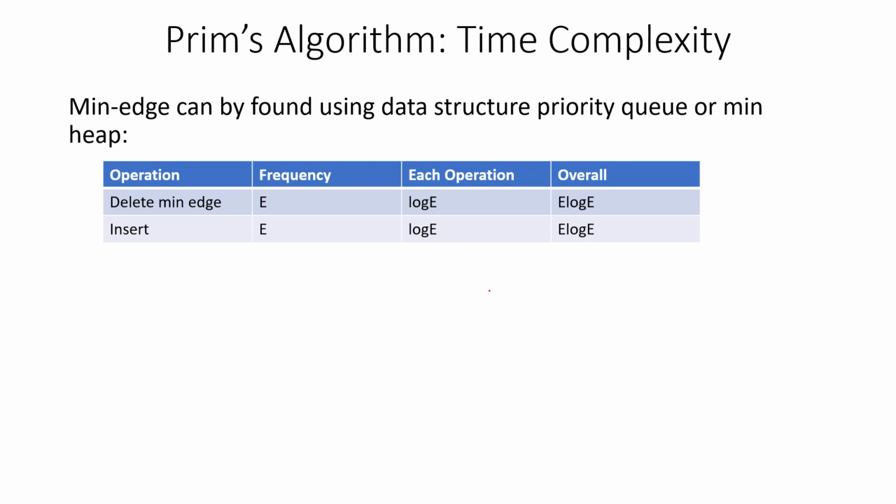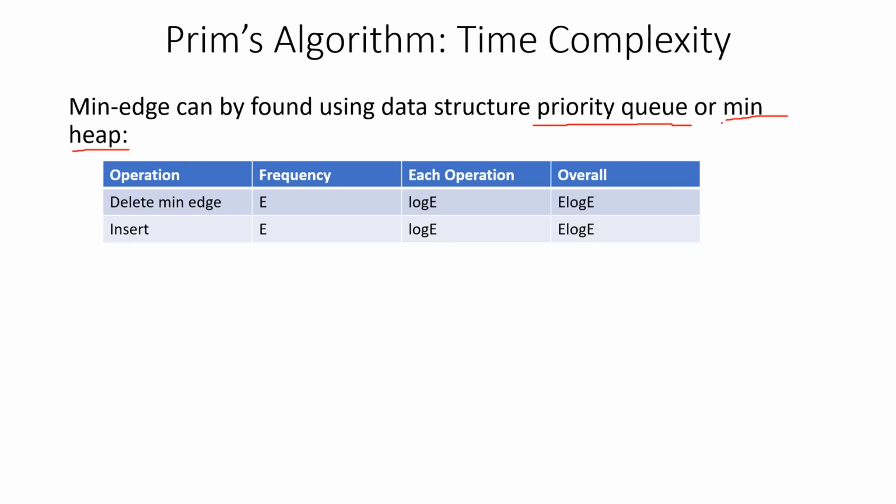We need to use a data structure to find the minimum edge, and here we can use a priority queue or a min heap. As you remember, a priority queue is a data structure that allows giving priority to some elements, and in our case, we can give higher priority to the edges with less weight.